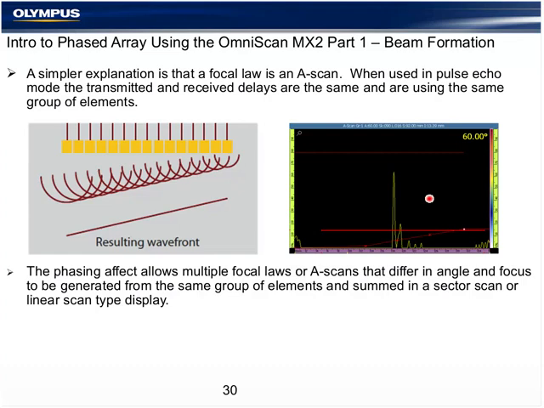The same properties for Snell's law or the physics of refracted and incident angles still apply. All of what you learned in your level 1 UT class is still applicable. The only difference is how we're generating the A-scan.